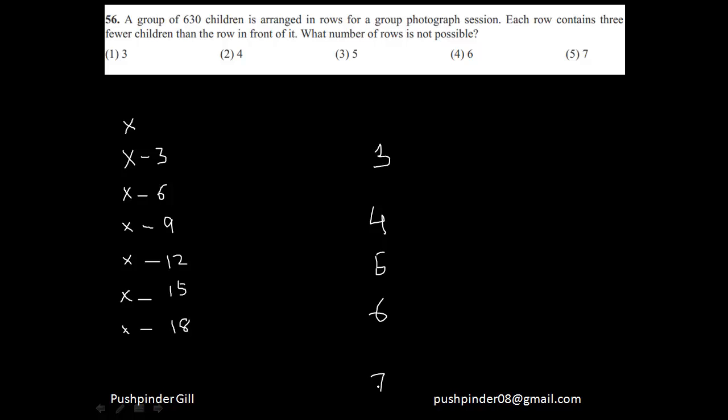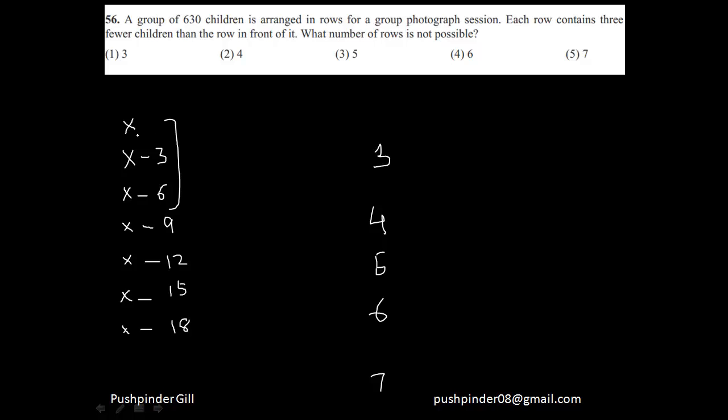Okay, now let's go ahead and start this question. Let me assume that there are 3 rows. Now you can see that whenever there is a group of children or a group of adults, there can't be half a child in a row, isn't it? So this x has to be an integer. This cannot be a fraction.